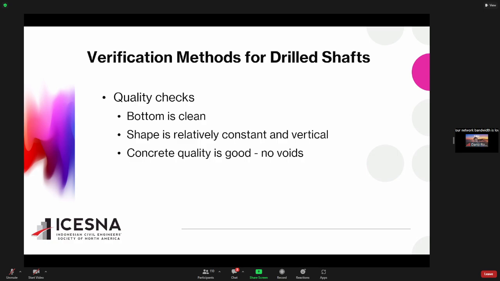So you want a solid pile with no voids inside, because a big void in the middle of the pile will affect your structural capacity. The second check is the capacity check: you want to check the axial capacity and also the lateral capacity. You do this for any pile, not only for this pile.